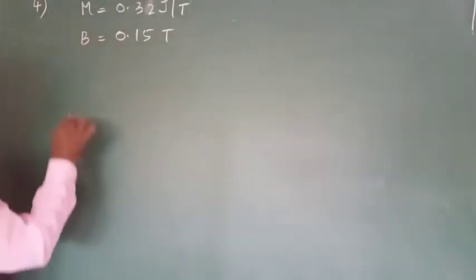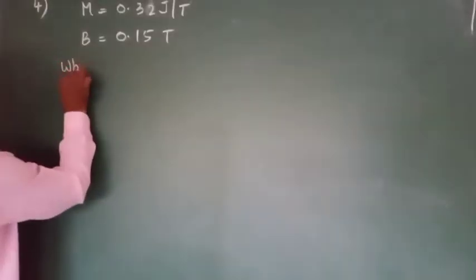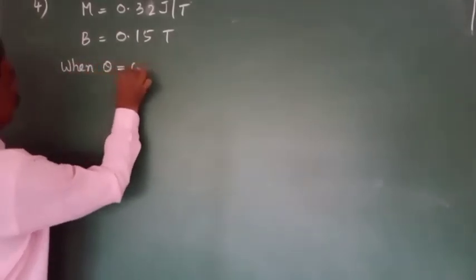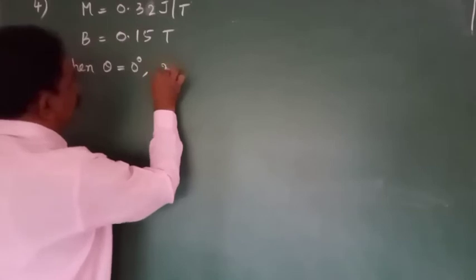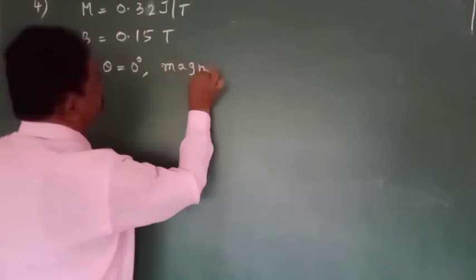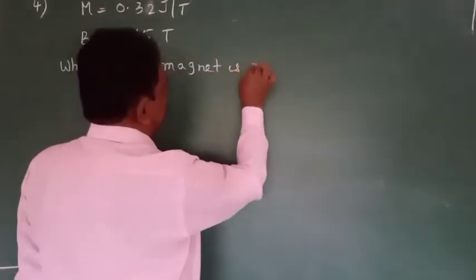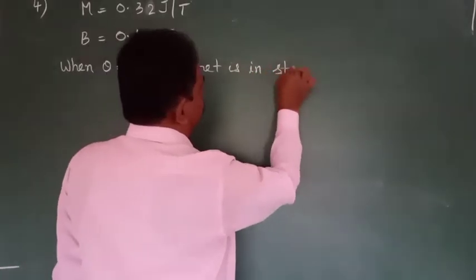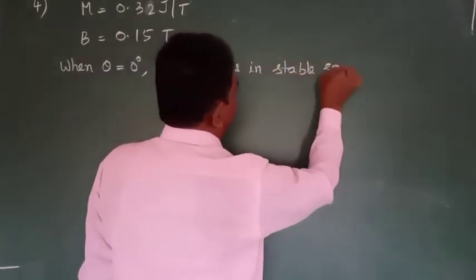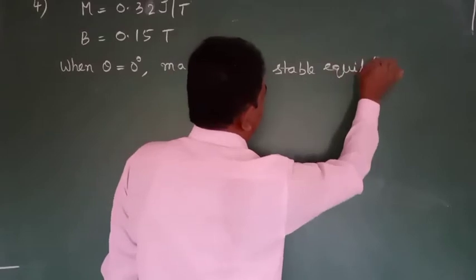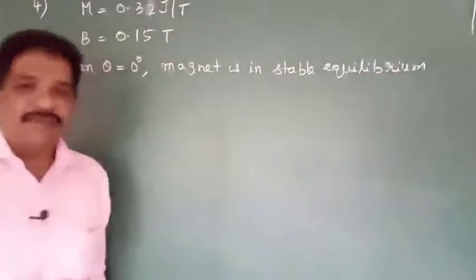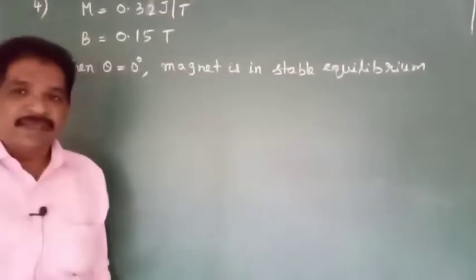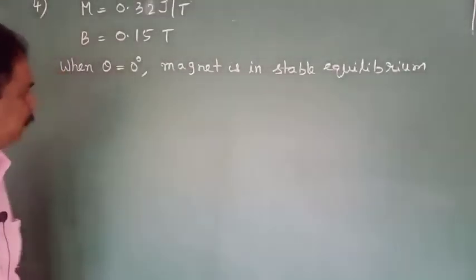That is the question. When theta is equal to 0 degrees, the magnet is in stable equilibrium. The angle between M and B is 0 degrees. We can say that the magnet is in stable equilibrium.